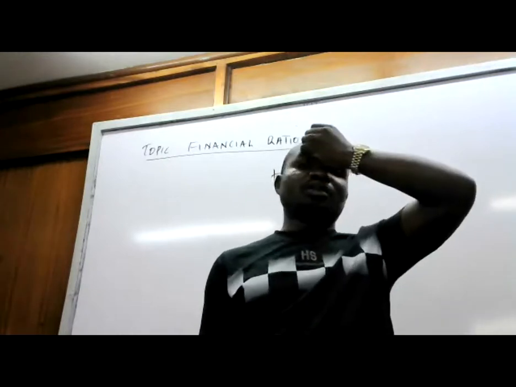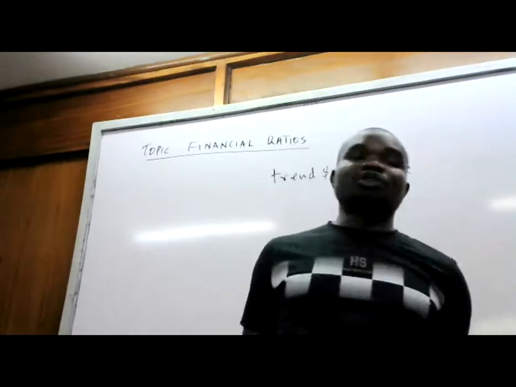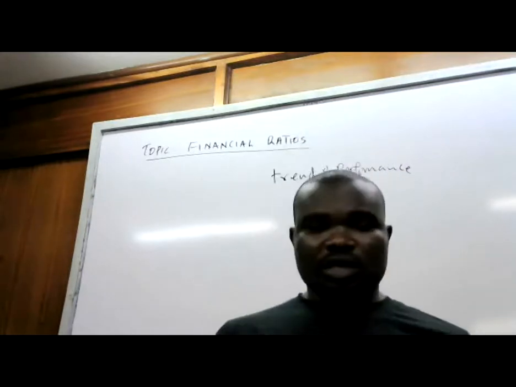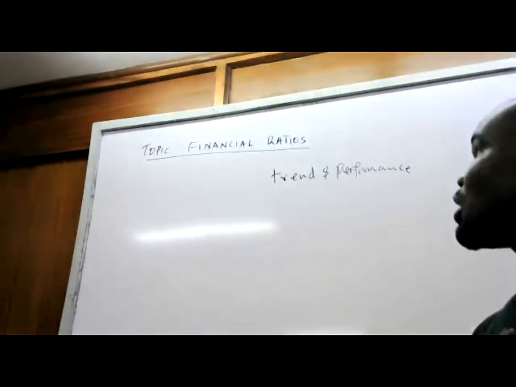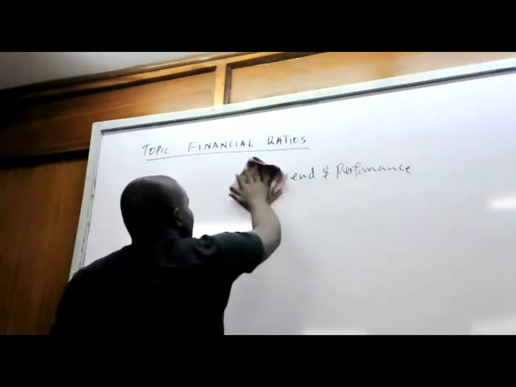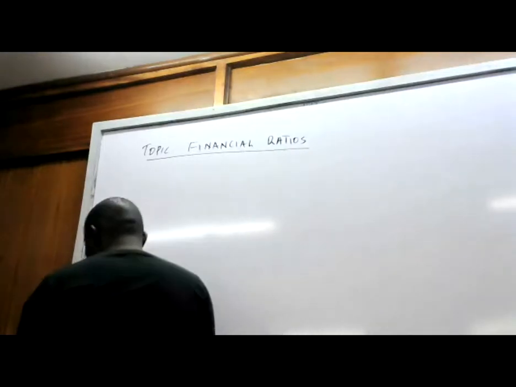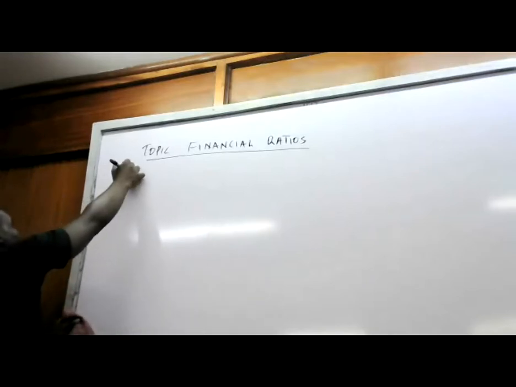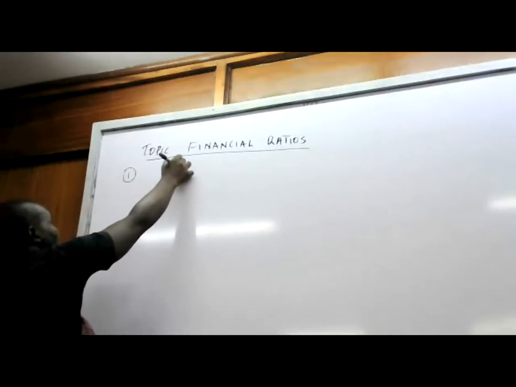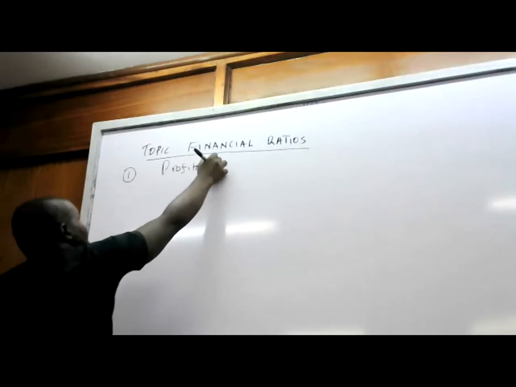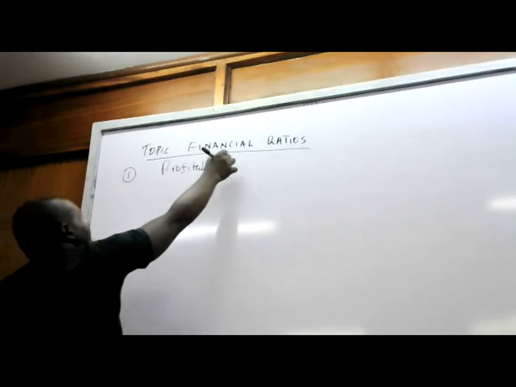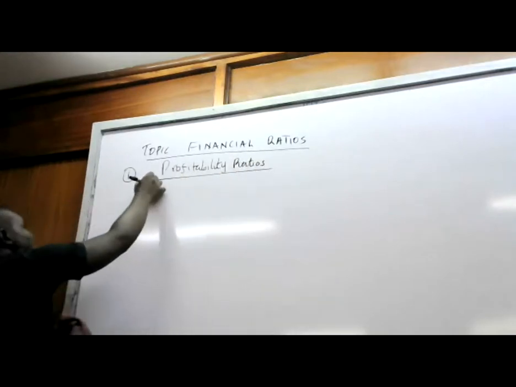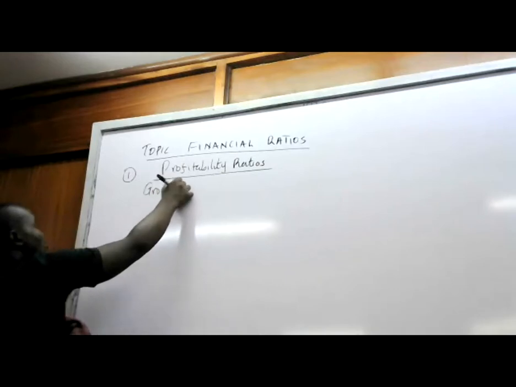Common financial ratios: I want to give you a summary. Before knowing all those other ratios, because ratios are many, you first know these ones. Under profitability ratios, I want you to know how to calculate gross profit margin.